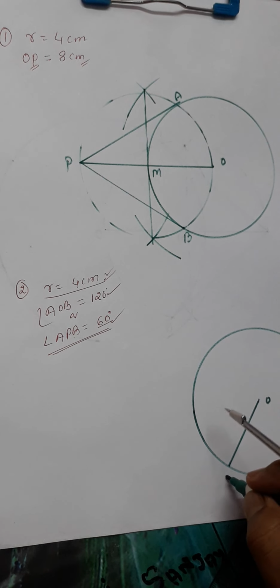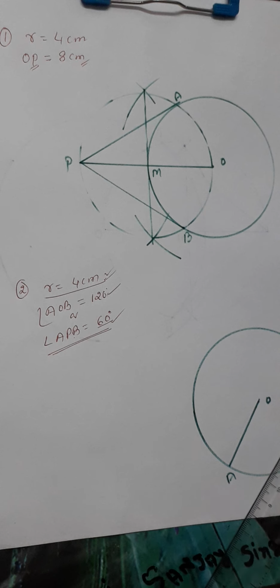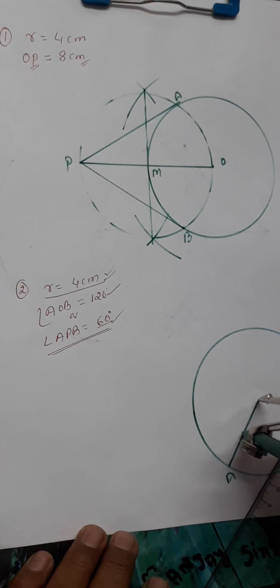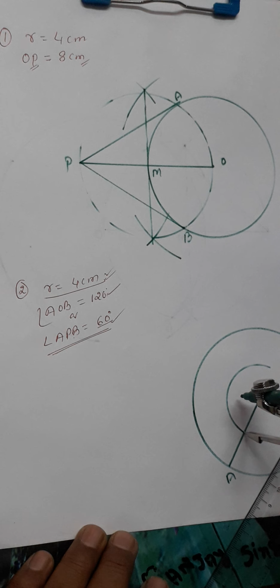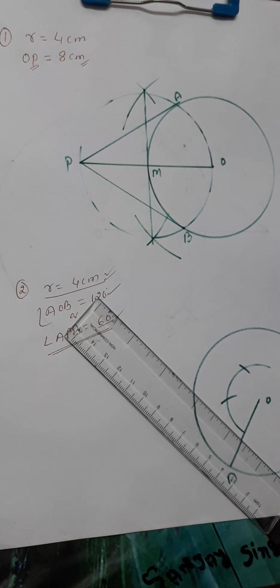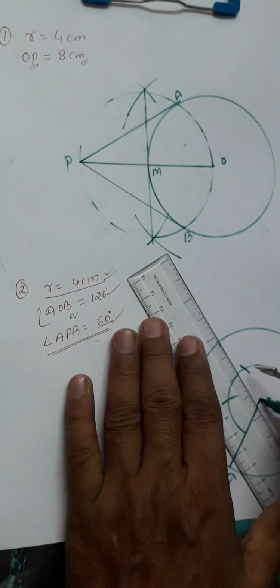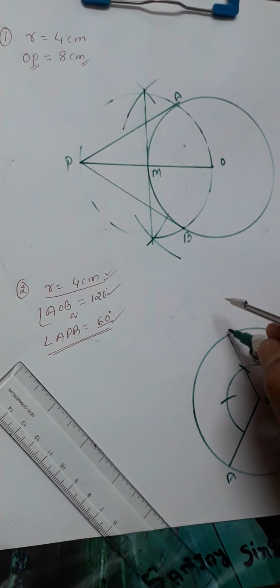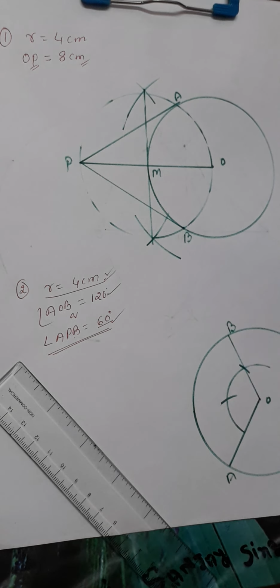Let it be A. Now we will draw an angle of 120 degree here. For this we will draw an arc. From this we will cut an arc. From this point we will cut another arc like this. Now we are going to join this to this point and this. Let us take this point B.